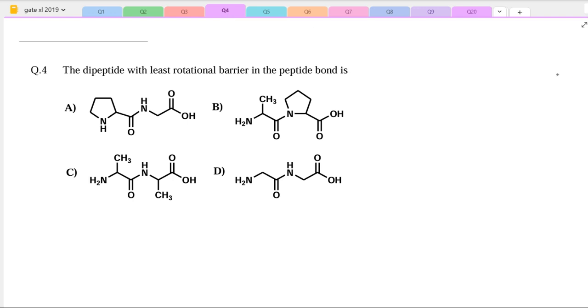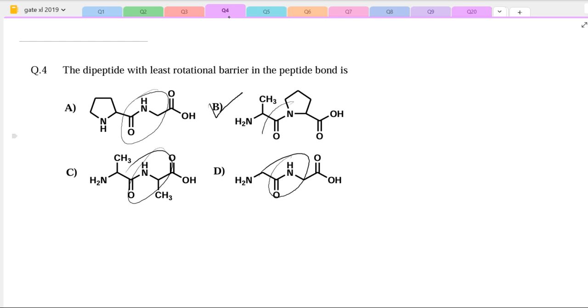The dipeptide with least rotational barrier in the peptide bond is. This question can be a little tricky because this is a chemistry question. However, if you look at the steric hindrance and possibly the involvement of resonance structures, then the correct answer here is option B. If you look at all the other peptides, there is a proper CONH bond, which is a planar structure, and there is a kind of rotational barrier there.